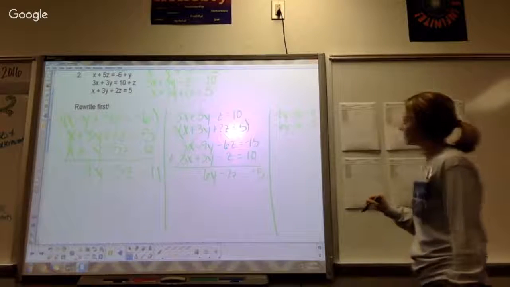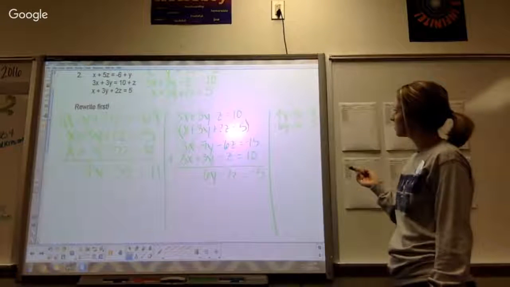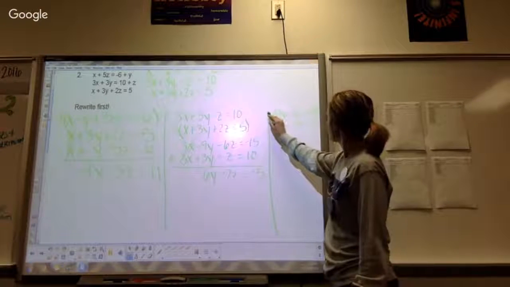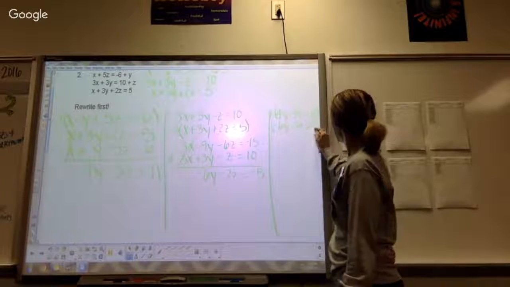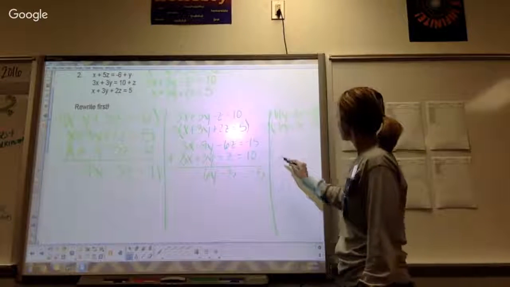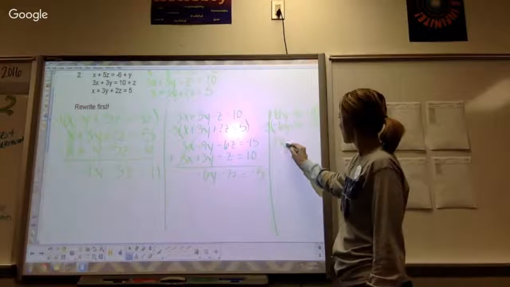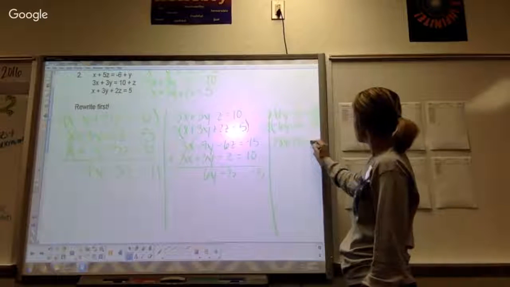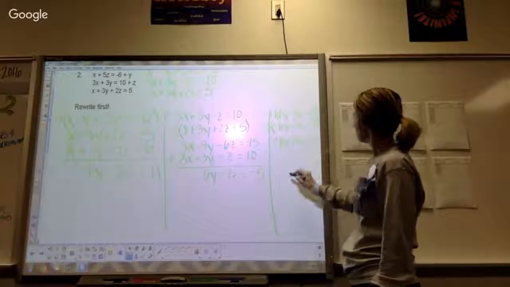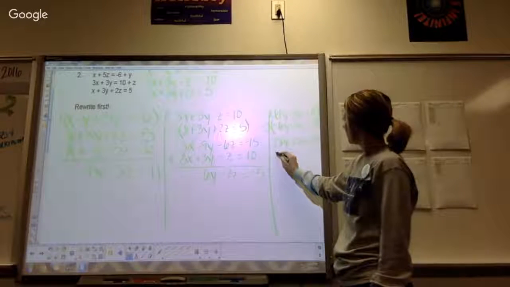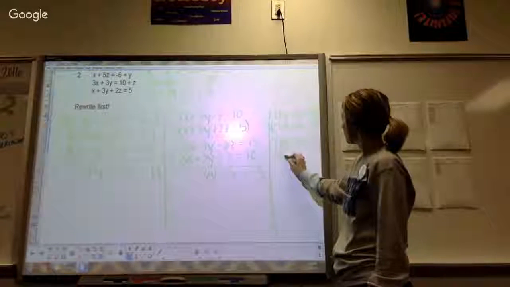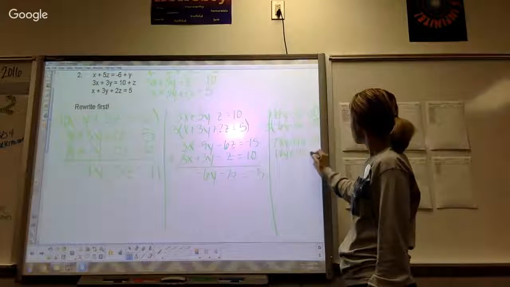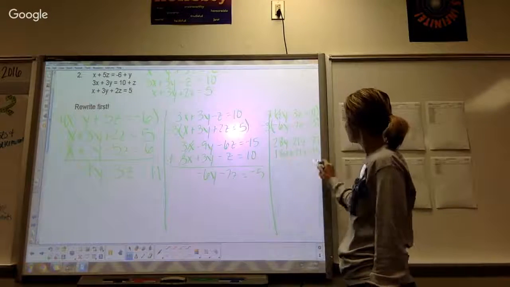So I'm going to eliminate, let's do z's. So I'm going to multiply the top by 7, the bottom by -3. So that's 28y minus 21z equals 77. And then that would be +18y plus 21z equals 15.